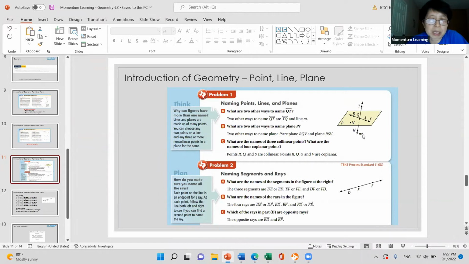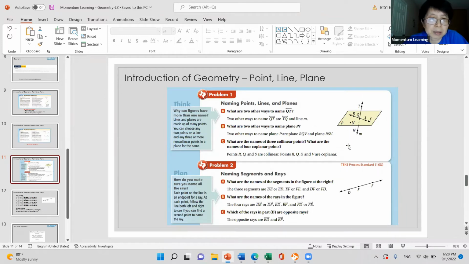Recall that we can name the plane by three different points on this plane that are noncollinear, so they can't lie on the same line. Can I name this as the plane RVS? You see these three are different points on this plane and not on the same line.